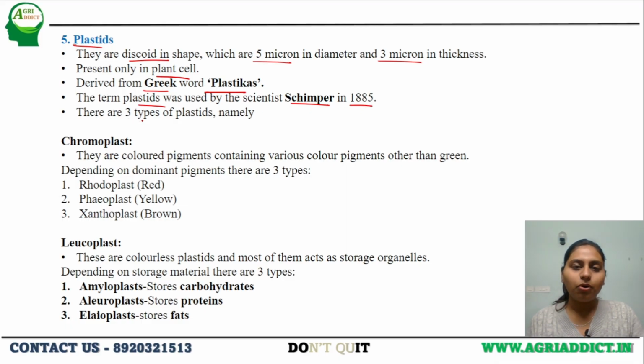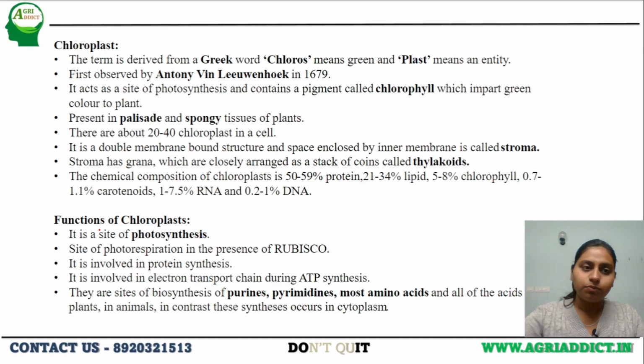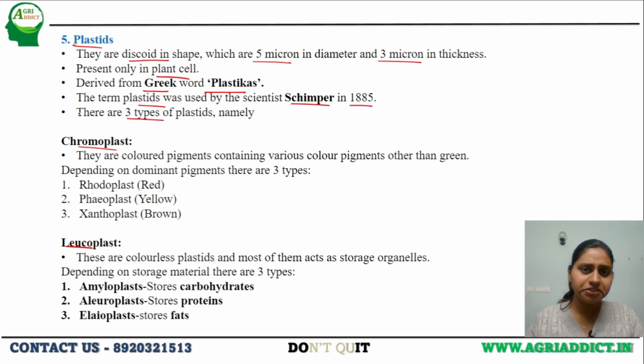Based upon the type of pigments present and also the function, these plastids are classified into 3 different types: chromoplast, leucoplast, and the third important type, chloroplast. First, we'll see what these chromoplasts are. Chromoplasts are colored pigment-containing bodies that contain all colors except the green color, that is chlorophyll.